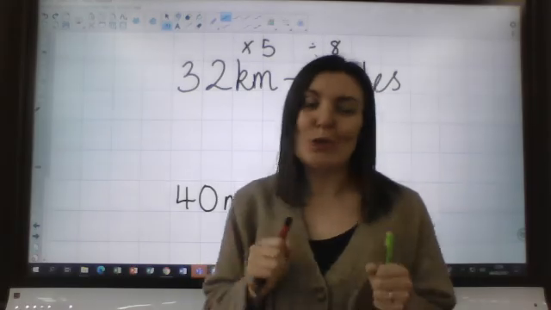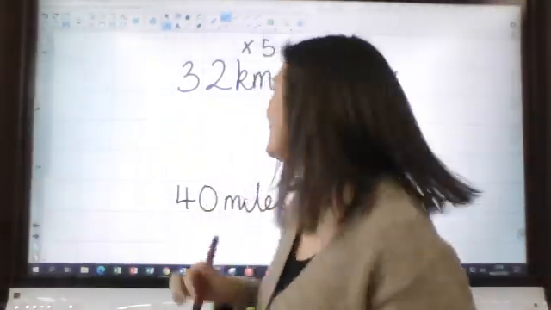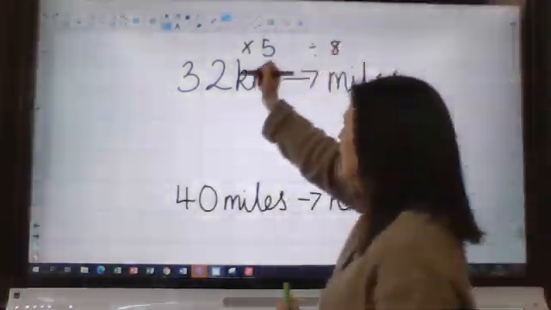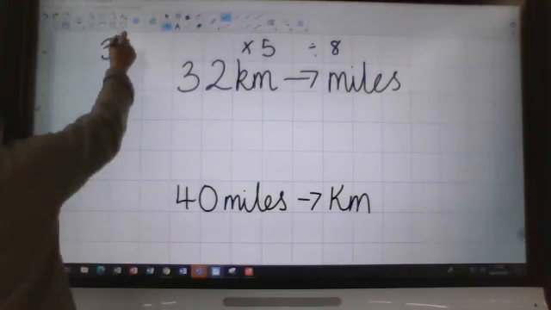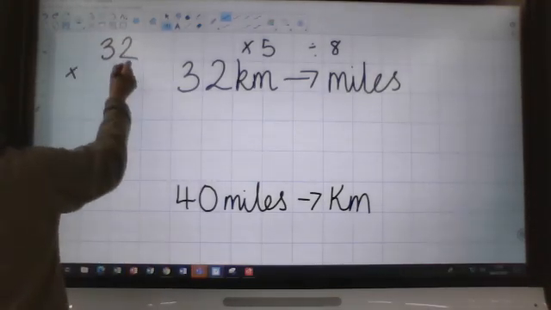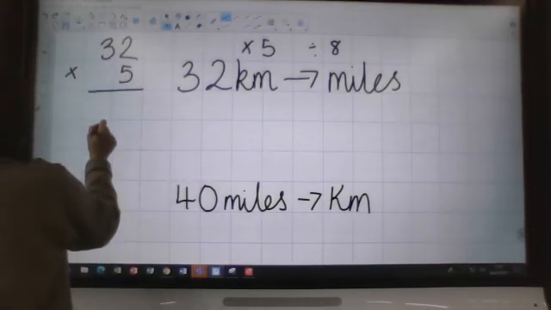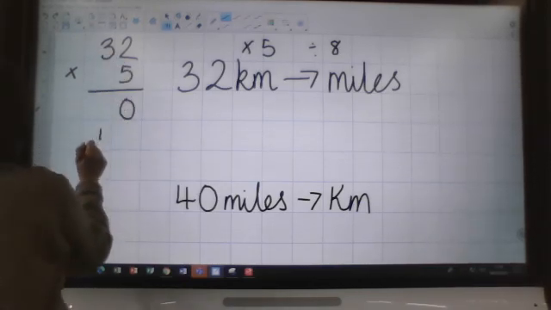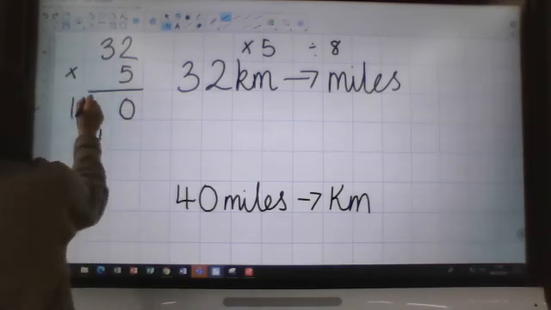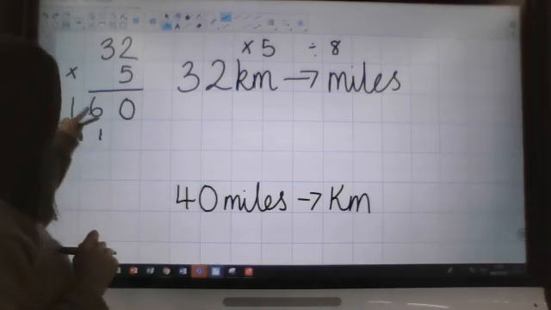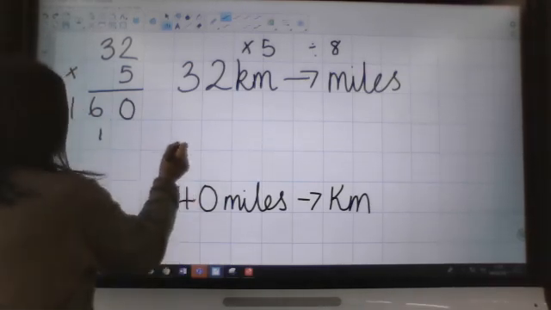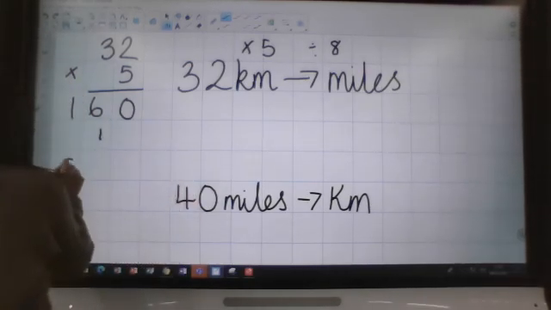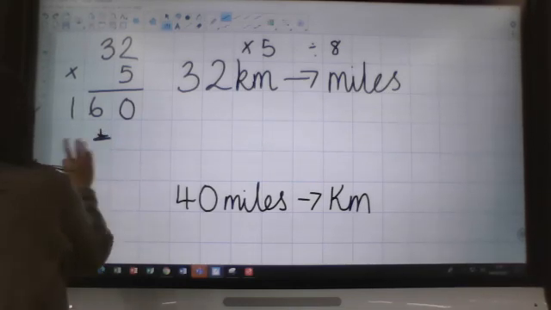Right, I'm sure you did brilliantly. Let's go through it. So we've got 32 times by 5. So 2 times 5 is 10. 3 times 5 is 15, plus 1 is 16. And then I've got to divide that by 8.